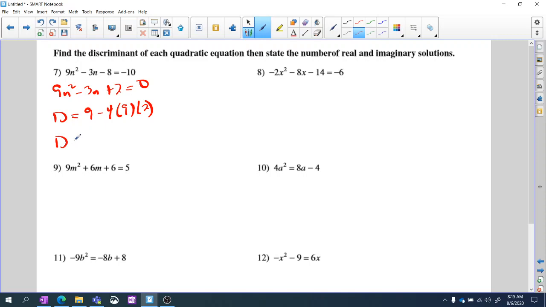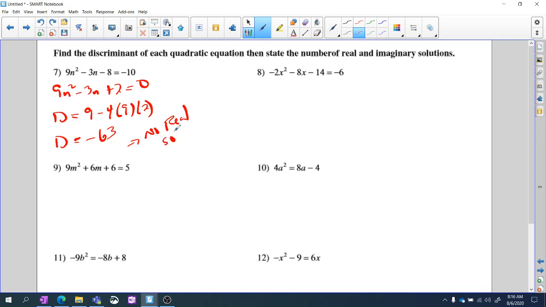So I can look here, and you don't even have to know what the exact answer is. You just need to know whether it's positive, negative, or 0. We'll actually figure it out. So I get 72. 9 take away 72, so that's a negative 63. So as soon as I see a negative value for the value under the square root sign, I know that there are no real solutions.